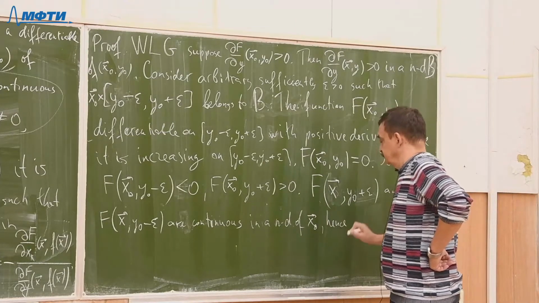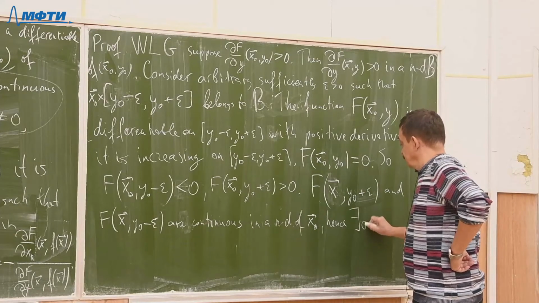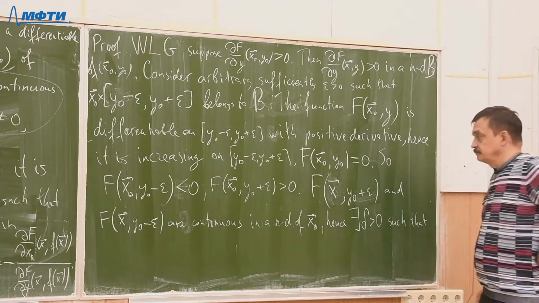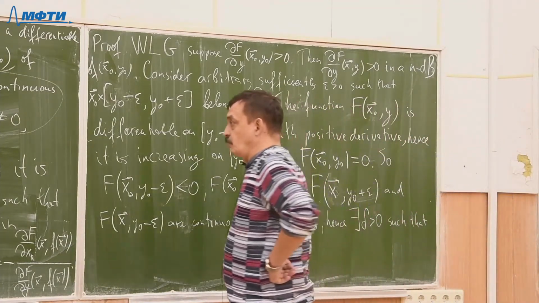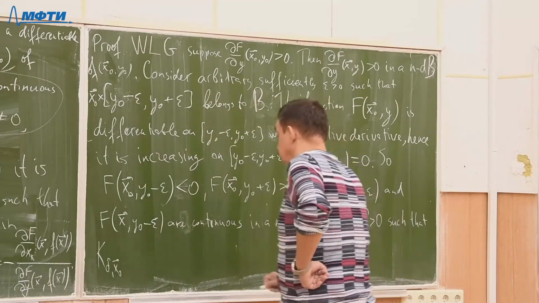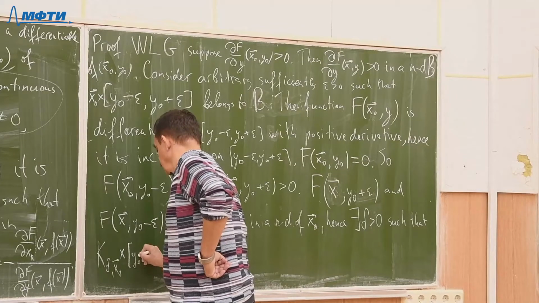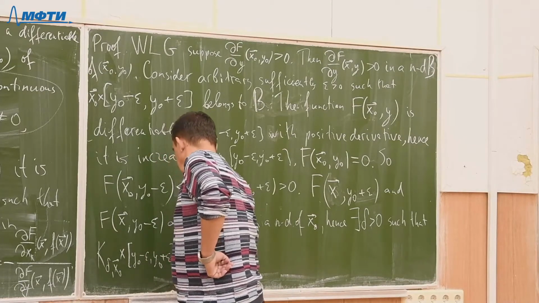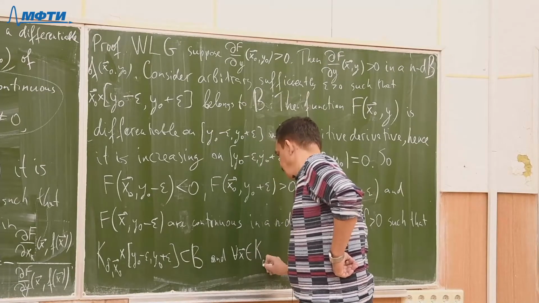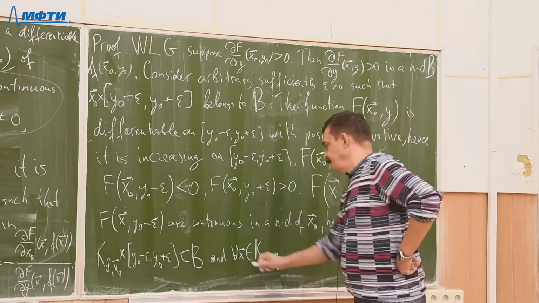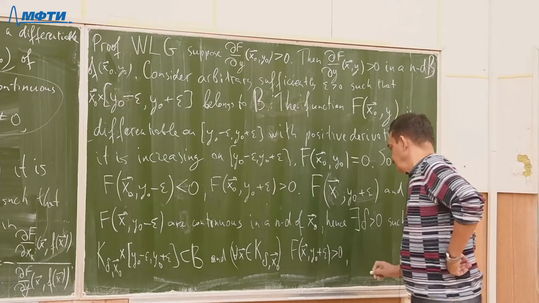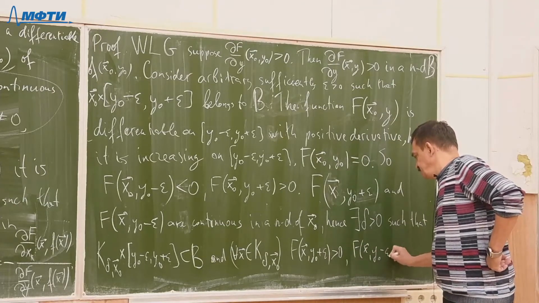Hence, there exists a positive delta such that the neighborhood K delta of x naught times our interval y naught minus epsilon, y naught plus epsilon is inside B, and for all x in our neighborhood, we have F of x, y naught plus epsilon is positive, and F of x, y naught minus epsilon is negative.